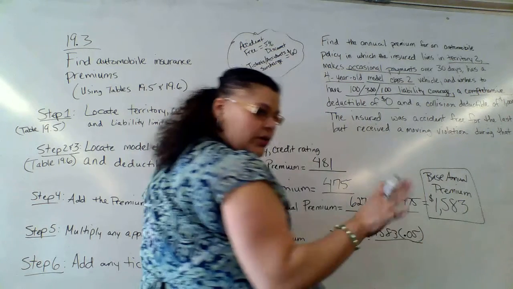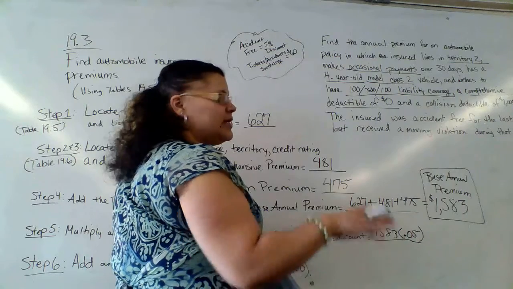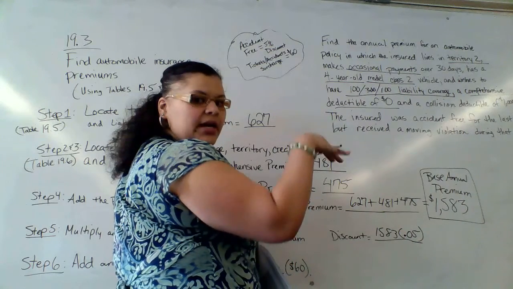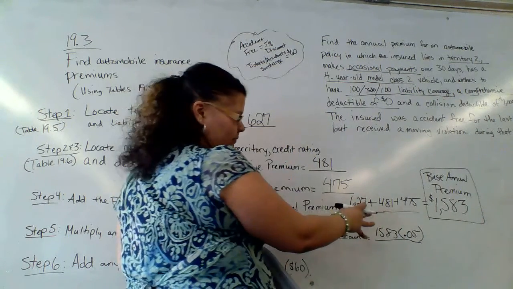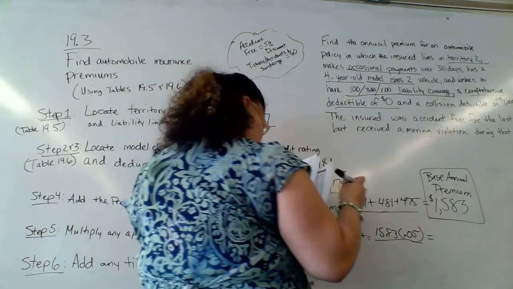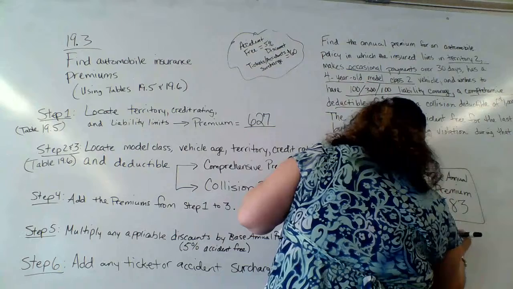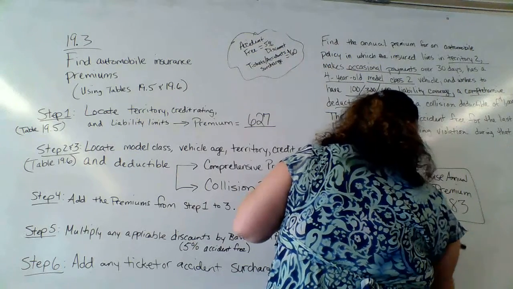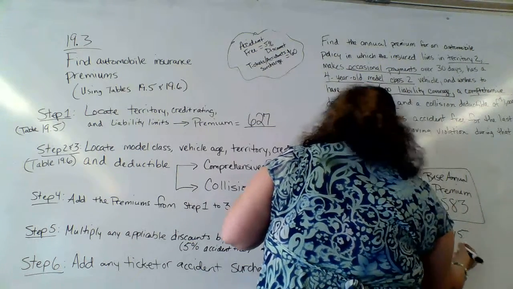And if you're not sure how to convert the 5%, all you do is take the 5 and you divide it by 100 to get the decimal. So once we do that, we multiply it and we'll get $79.15, and that's for the discount.